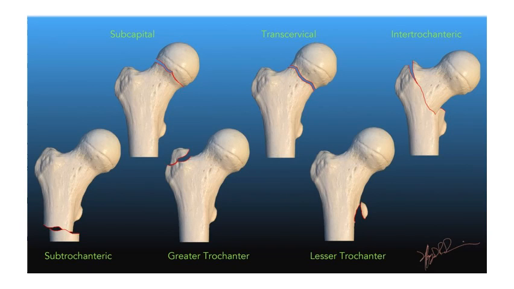They are again subdivided into subcapital, just below the head; transcervical; intertrochanteric; subtrochanteric; greater trochanter; lesser trochanter. If you can remember and write, well and good. If you cannot, just mention intracapsular and extracapsular. That is good enough.